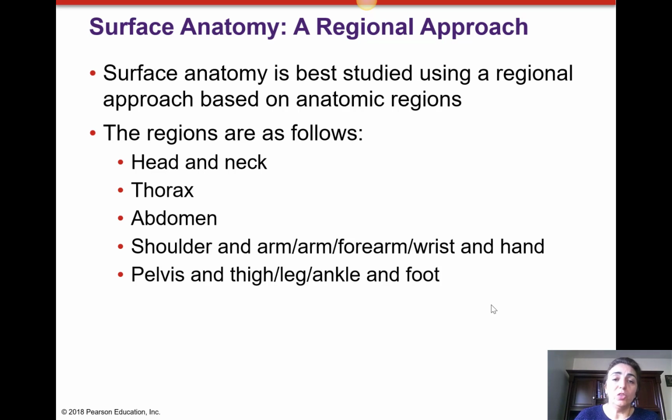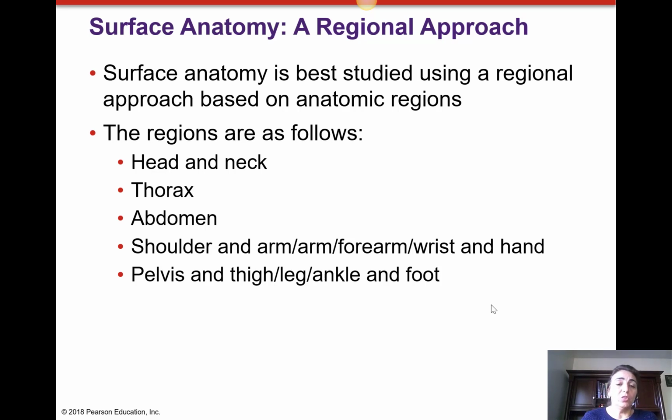So for the surface anatomy, what we are using is a regional approach. The surface anatomy is best studied using a regional approach based on anatomical regions. And that's why I chose this chapter 12 to talk about this one, as we have started to know about the anatomical regions.